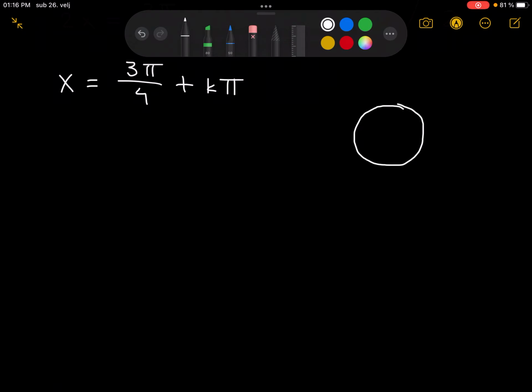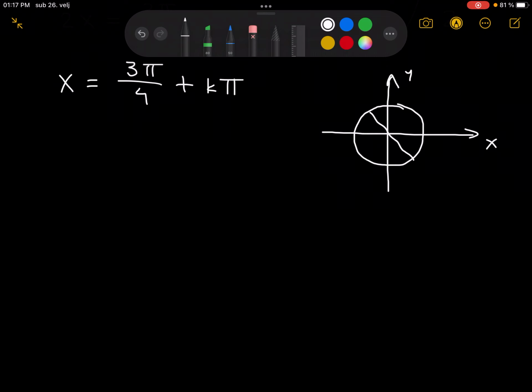One of these, so by drawing our unit circle, x and y, we see that one of our solutions is going to be this angle, and the other one is going to be this angle.